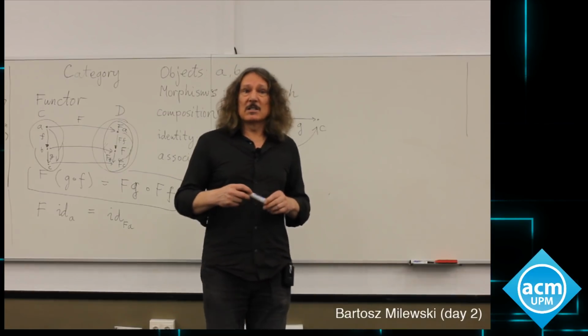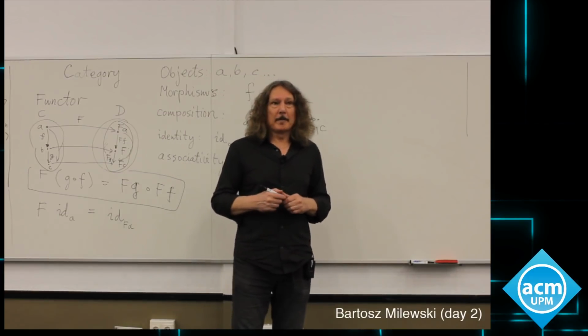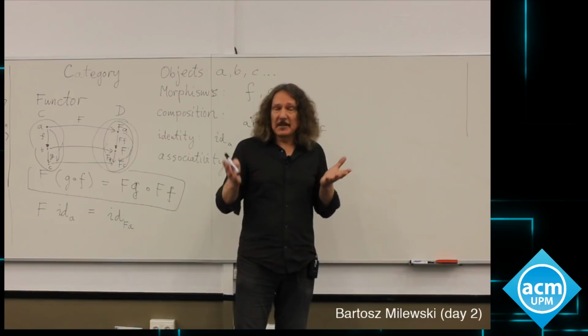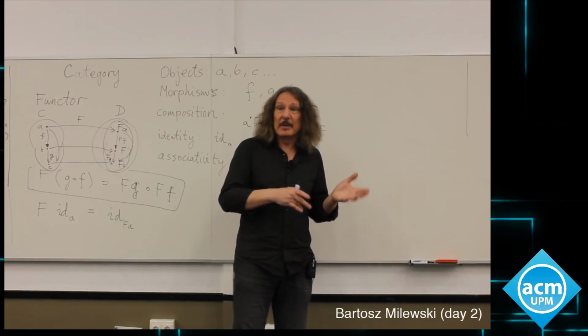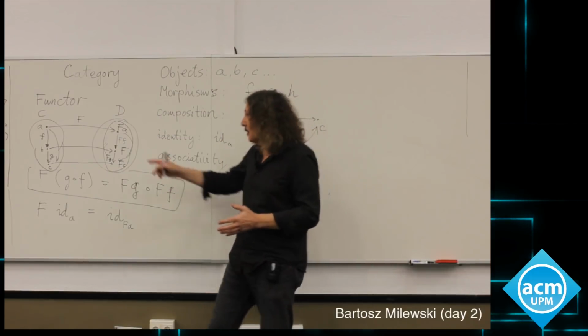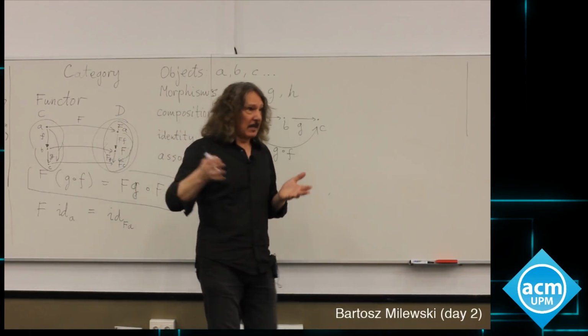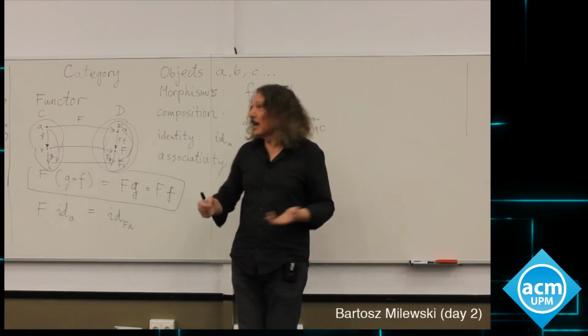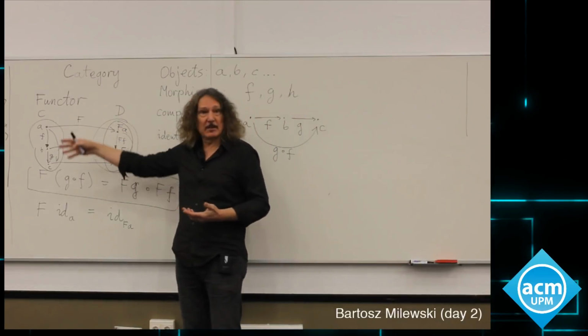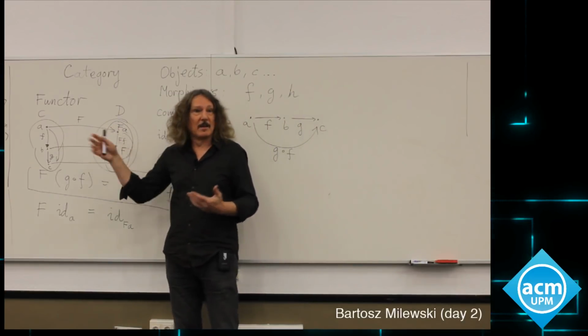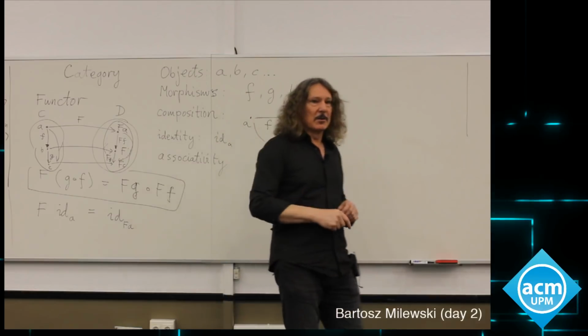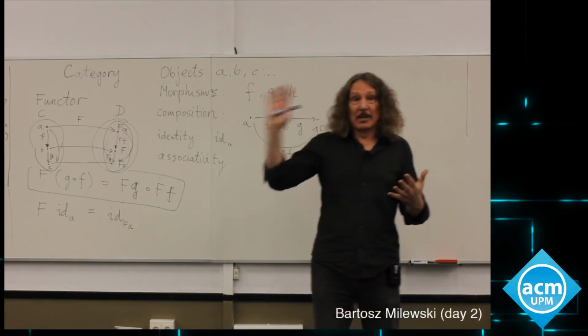And the functors will just map this category to itself. So D is the same as C, and it's the category of types and functions. You have this big picture, but you can always shrink this picture to a single category and say, I'm mapping this category into itself.